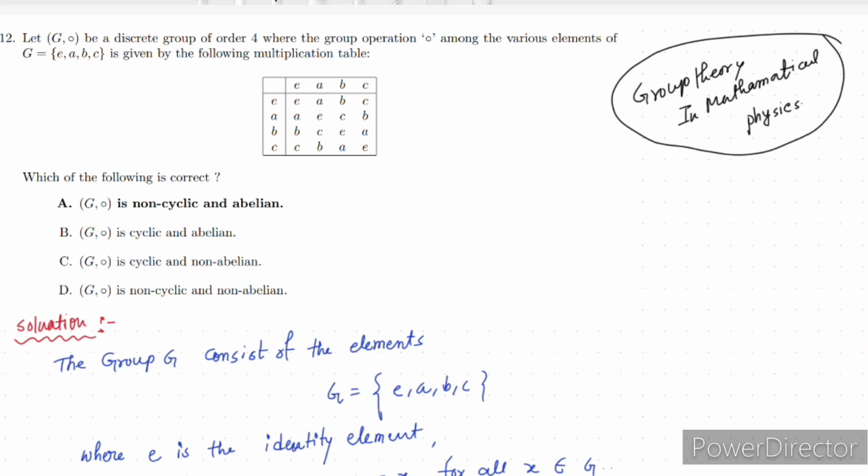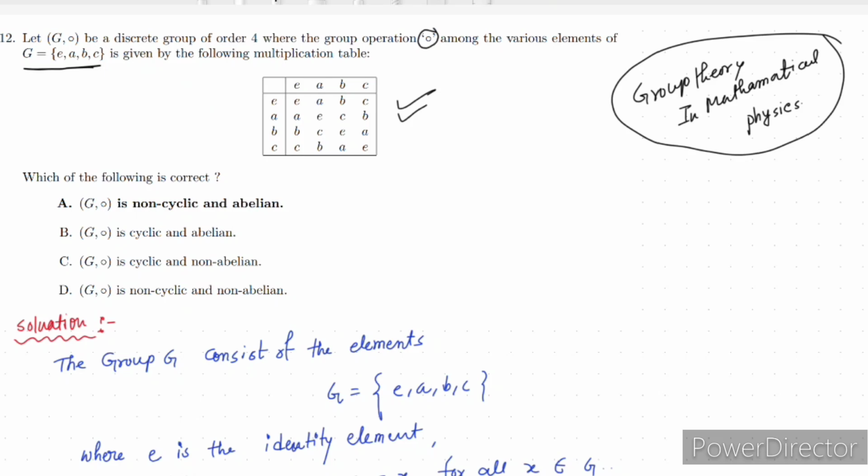Let a group G be a discrete group of order 4, where the group operation among the various elements of G is given by the following multiplication table. This table is very important for group operations.